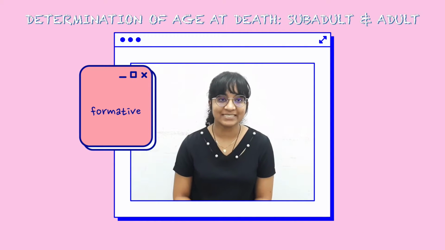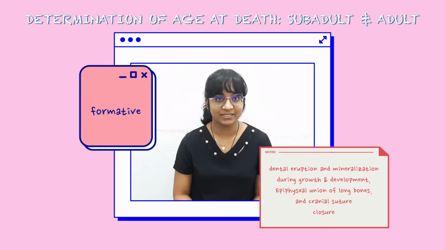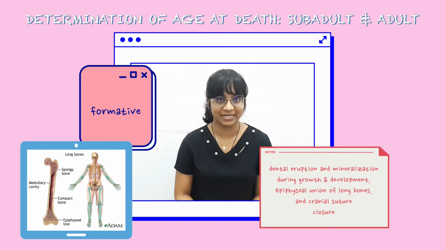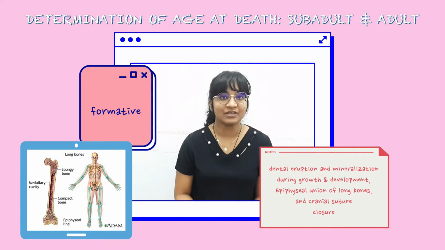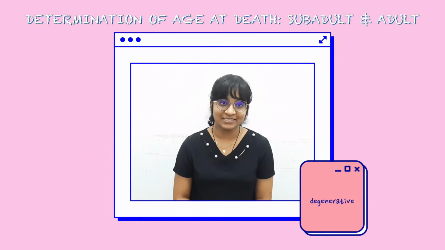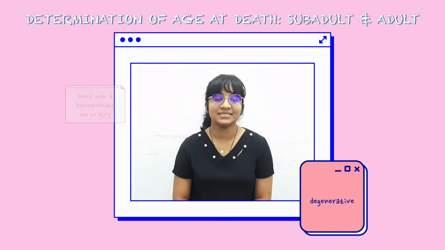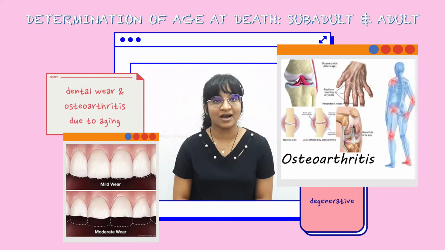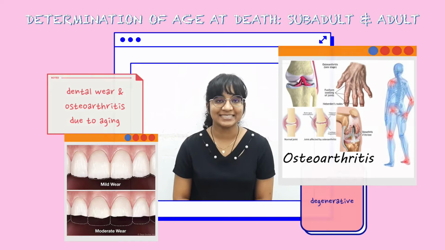The formative changes are dental eruption and mineralization during growth and development, epiphyseal union of long bones, and cranial suture closure. Degenerative changes means the dental wear and osteoarthritis during aging.